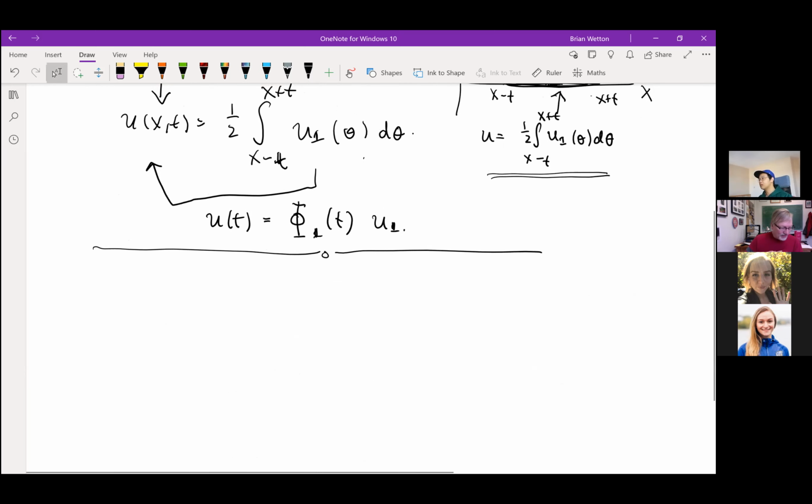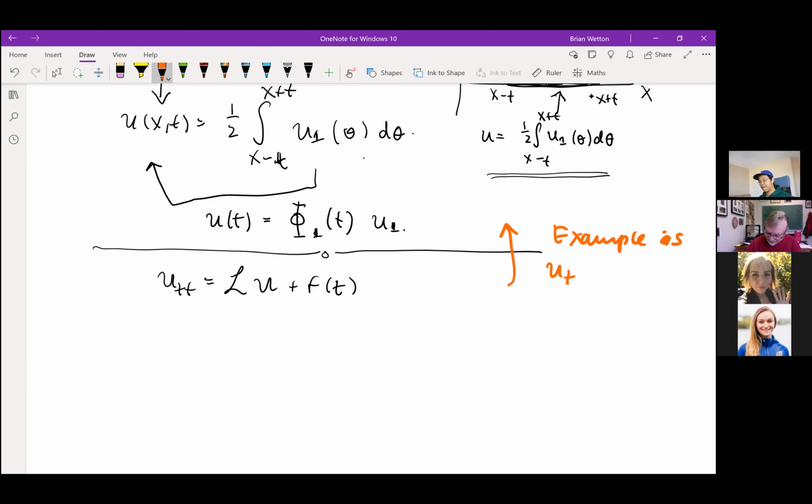Okay, so here we are coming up to this abstract setting where I'm going to talk about how you solve the forced problem in general. Because what I'm interested in is the forced wave equation.